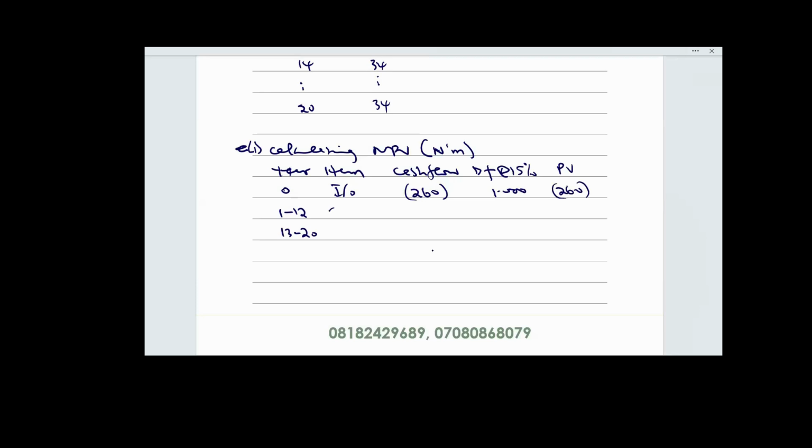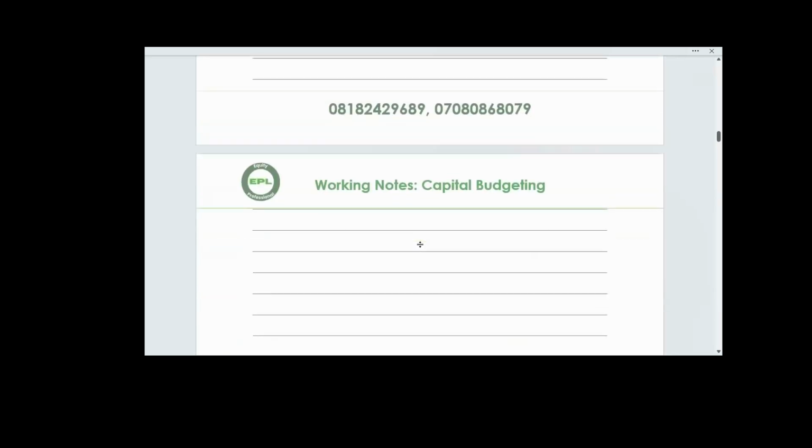Then cash flows, or contribution, just call it contribution. Here is 40 million per annum, 34 million per annum. So we need to calculate the annuity factor of year 1 to 12, then the annuity factor of year 13 to 20.